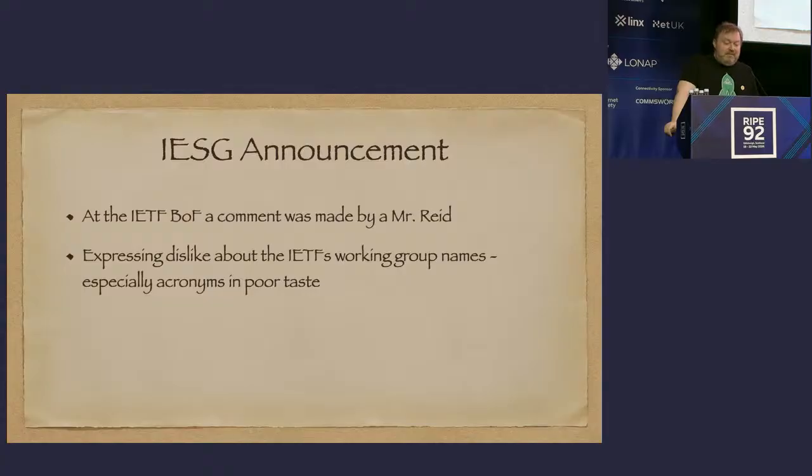And I'm not going to say he's got a point, but there is definitely something to it. I've seen the IETF working group names, and it's lacking a little something.